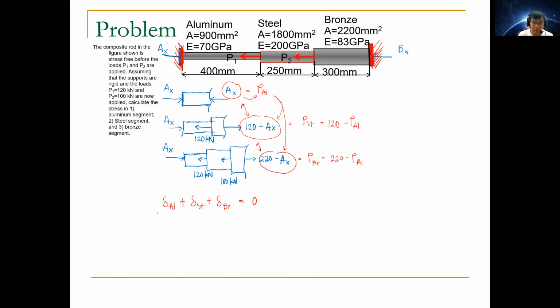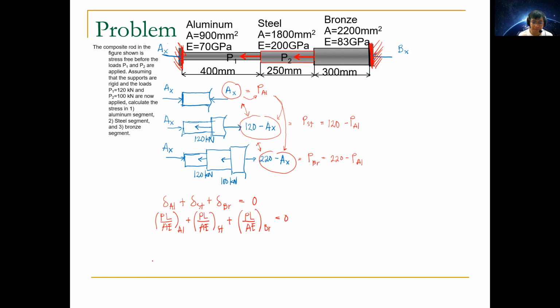Okay, so we now have PL over AE of aluminum plus PL over AE of steel plus PL over AE of bronze is equal to 0.